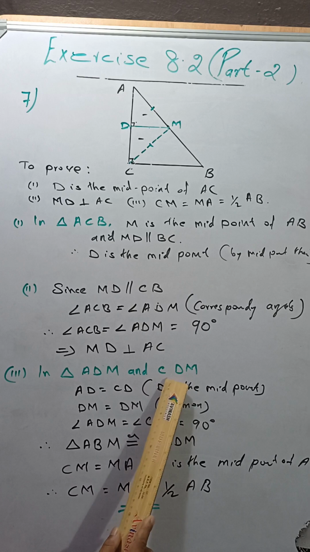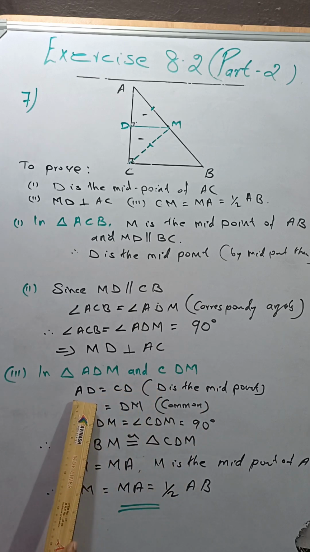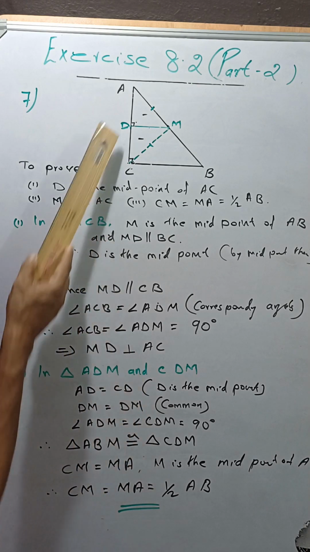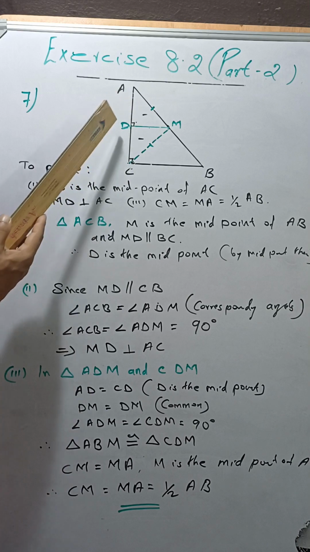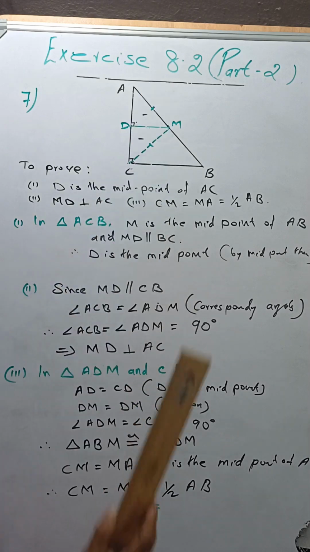ADM and CDM. In both triangles, AD is equal to CD, because D is the midpoint of AC. DM is equal to DM, DM is common.